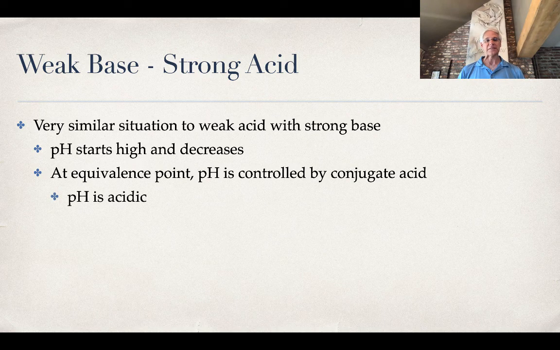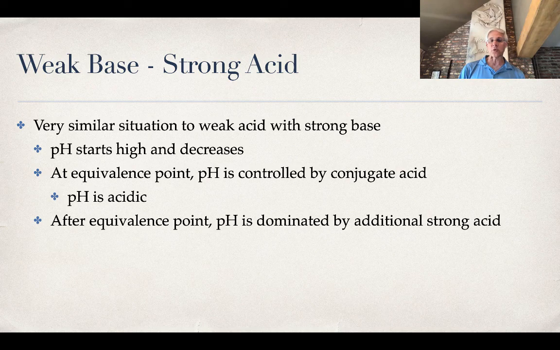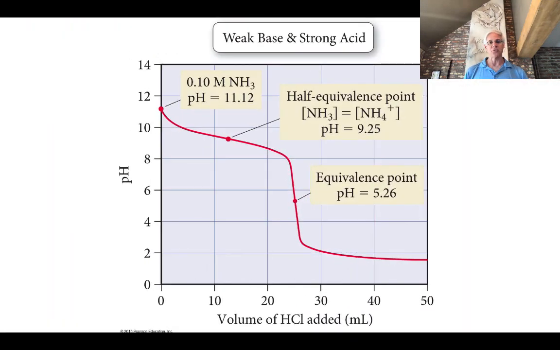So you'll have an acidic pH at the equivalence point. After the equivalence point, the pH is going to be dominated by any additional strong acid that you've added. Once you've neutralized all of the weak base, any additional strong acid that you put in is going to overwhelm the contribution of the conjugate acid, and the pH will be pretty much controlled by the additional strong acid that you add in.